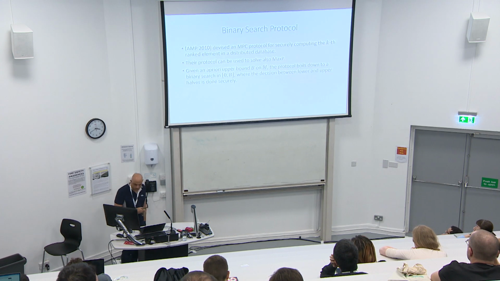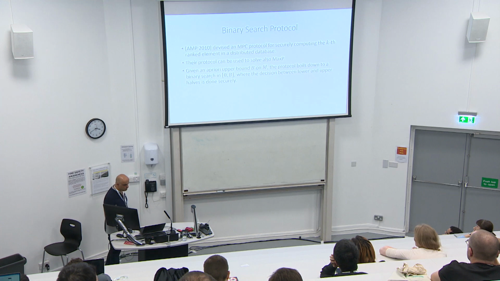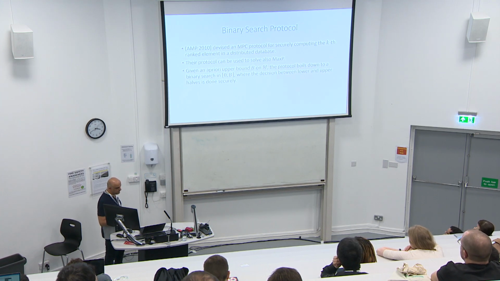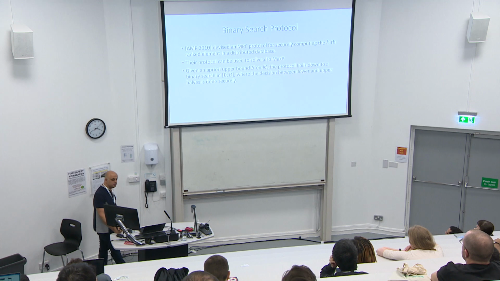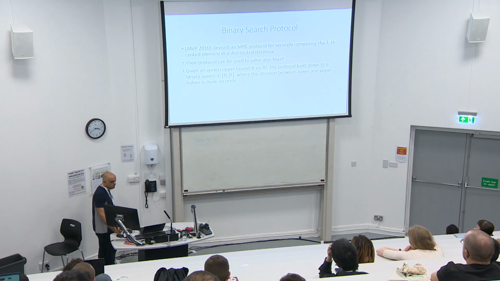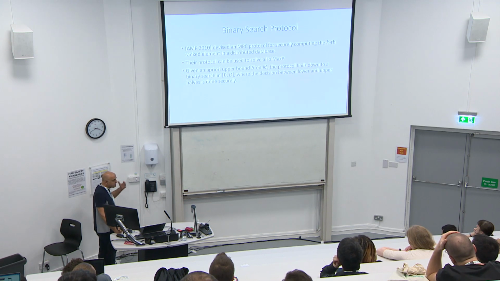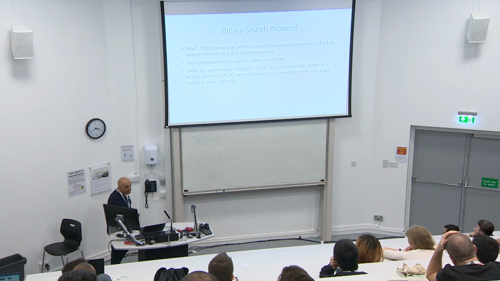That's it. Next, the last protocol is based on the work of Agarwal, Mishra, and Pinkas from 2010. They devised an MPC protocol for securely computing the k-ranked element in a distributed database. Now, we saw that we can use that protocol in order to solve also the maximum problem. And so basically, it boils down to a very simple thing.